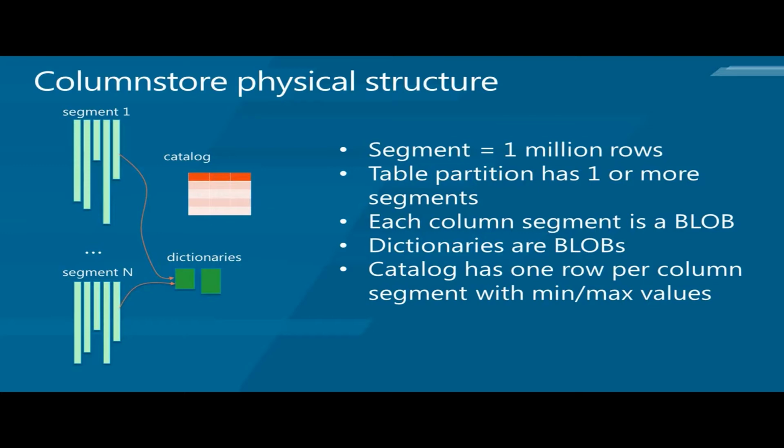There can be multiple dictionaries for each physical table partition. Those of you who are familiar with table range partitioning in SQL Server, range partitioning works just fine with column stores. It's actually recommended as a way to load data.